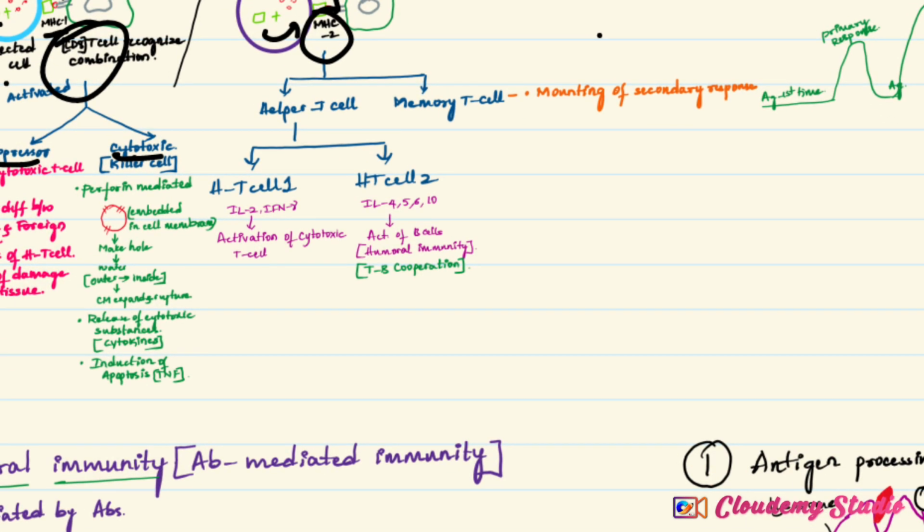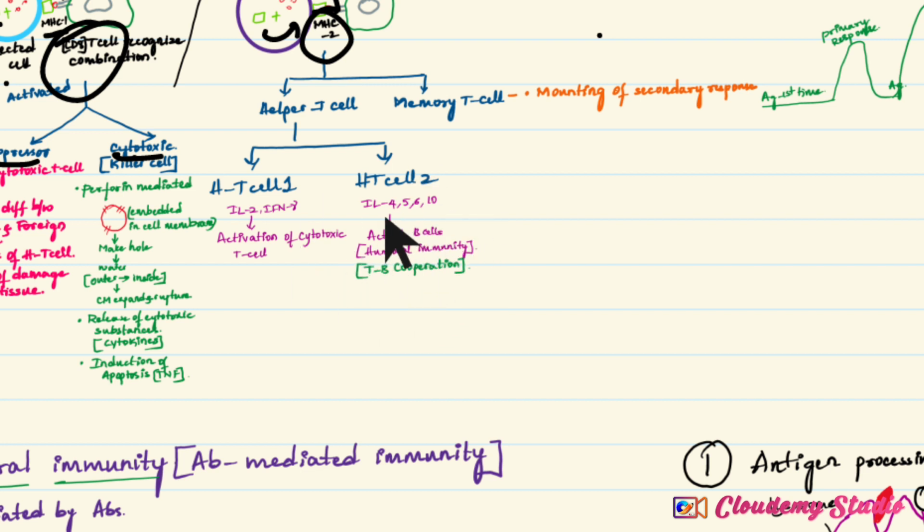These helper T cells produce interleukins, where helper T cell 1 produces interleukin 2 and interferon gamma, which help in the activation of cytotoxic T cell. Helper T cell 2 produces interleukins 4, 5, 6, and 10, which help in the activation of B cells, which produce humoral immunity.